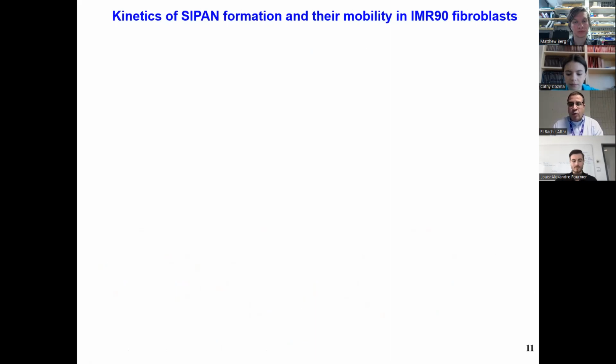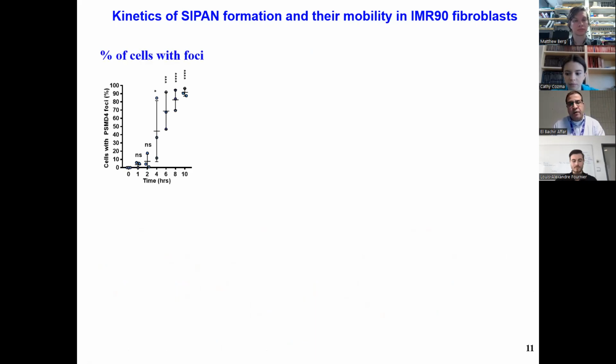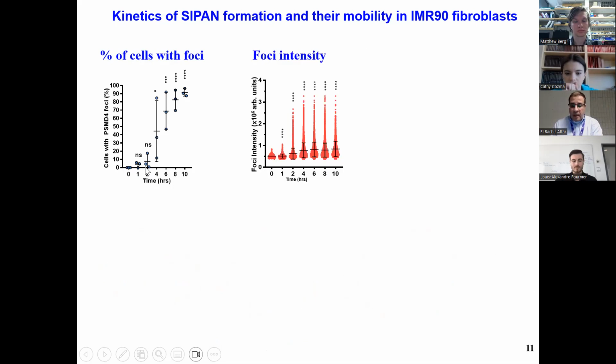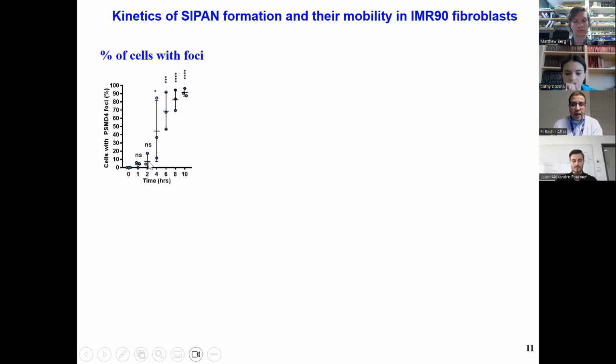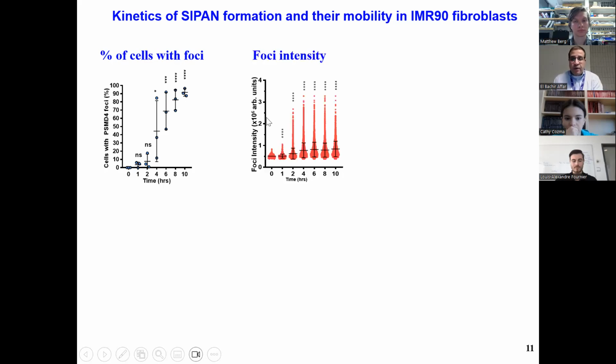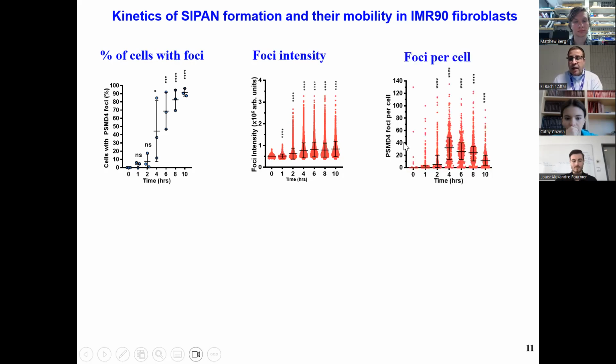So we wanted to know whether this separation of the proteasome in the nucleus under conditions of nutrient deprivation is a liquid phase separation. So first, we tried to characterize these foci. For example, here we can count them as a function of time, and you can see here in this cell type that these foci can form after a few hours, and they reach a maximum 6 to 10 hours after nutrient deprivation. We can also measure the intensity of these foci, and we can count the number of foci per cell.